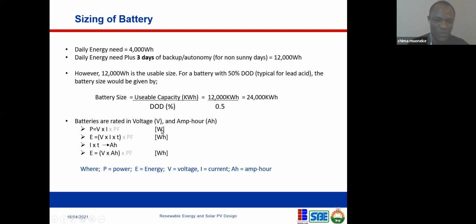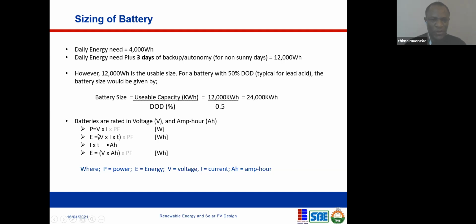That is, this shouldn't be watts, it should be VA. But the moment you multiply with the power factor, it transforms into watts. Let us neglect the power factor and assume this is in watts.